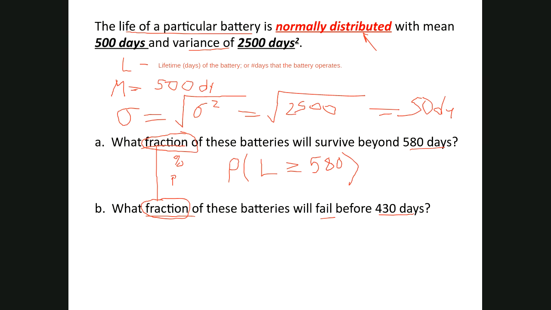And then this one is we want to find the fraction or the probability that the lifetime is less than or equal to 430 days. So those are the probability statements that correspond to these questions, and that's what we're going to try to determine next. So the first one we're going to work is problem A, and let's look at this example.